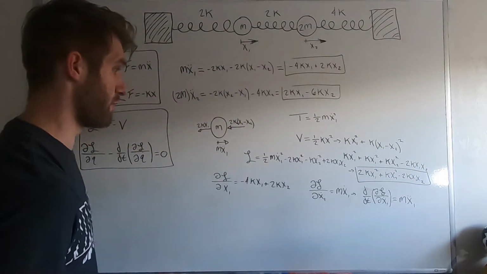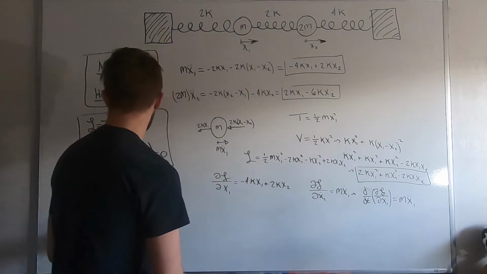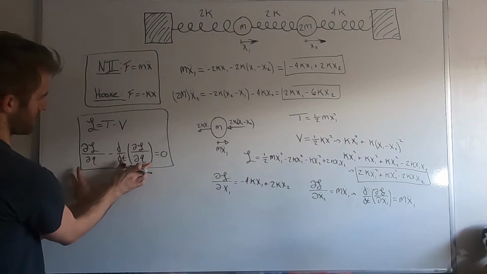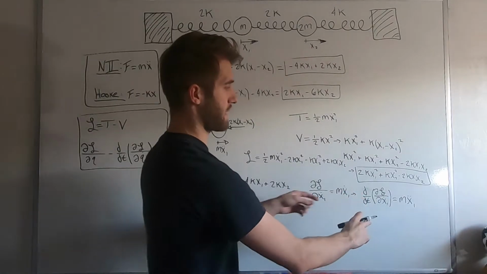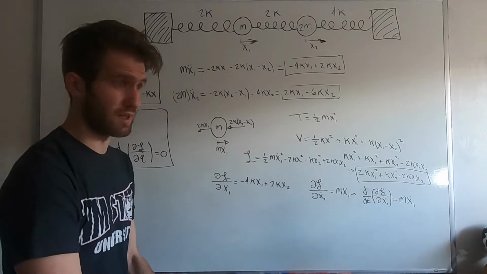All right, so at this point, all we really need to do is put everything back together. So if we subtract off this, well, this term is just going to be mx1 double dot. I'm going to take that and add it over to the other side.